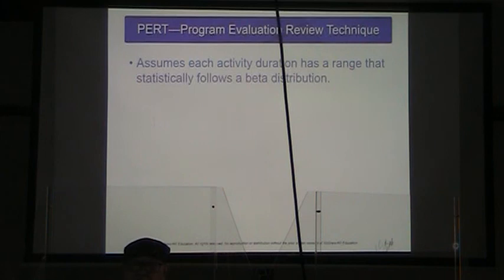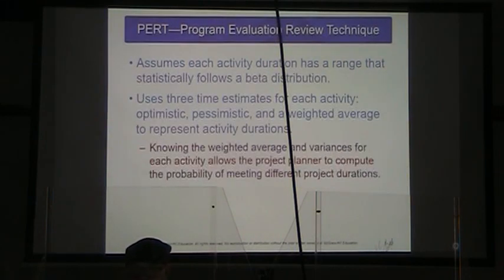They're saying it follows a beta distribution. I've also seen people describe this as having a triangular distribution. So we use 3 time estimates for every activity: optimistic, pessimistic, and most likely, which they call a weighted average to represent activity durations.